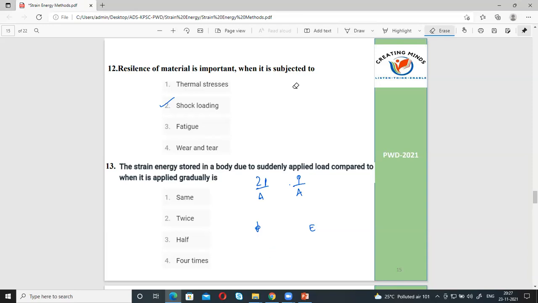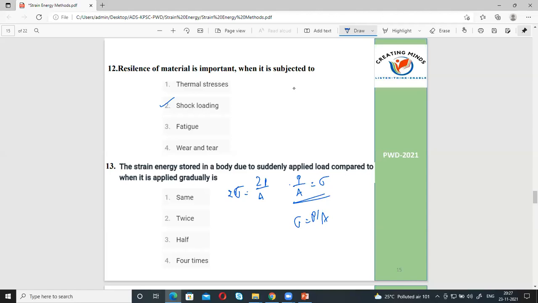Yes, 2P by A. What is 2P by A? Strain energy. Or you can directly take sigma for gradual loading. Sigma for gradual is P by A, right? So this is sigma. It is 2 times sigma because sigma equals P by A. So P by A will become sigma, and 2P by A will become 2 sigma. What is the ratio asked?